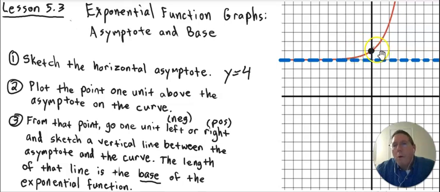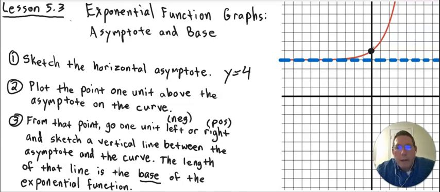Why are we going to the right? Well, we want the line that we go to be in between the curve and the asymptote. Do you see this line right here that's 1 unit over, and it runs between the asymptote and the curve? That's the line we want.